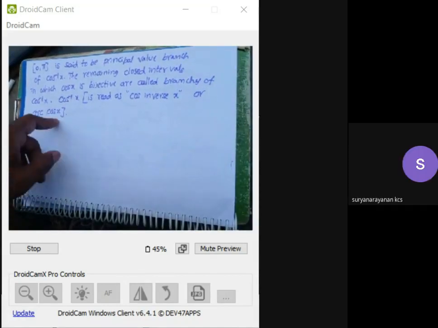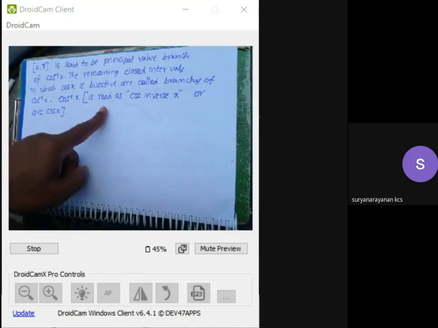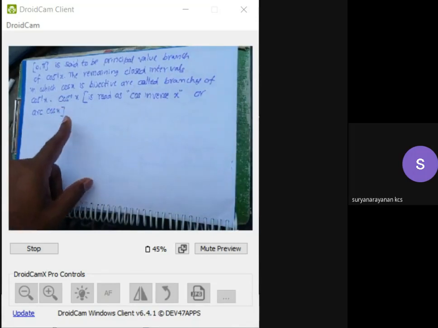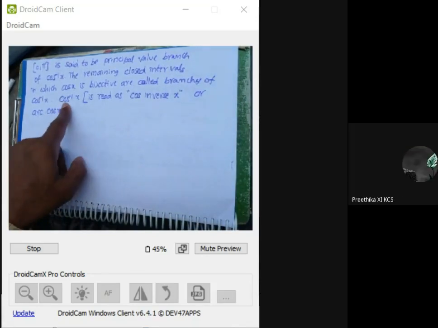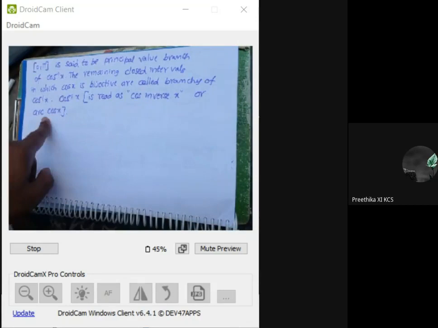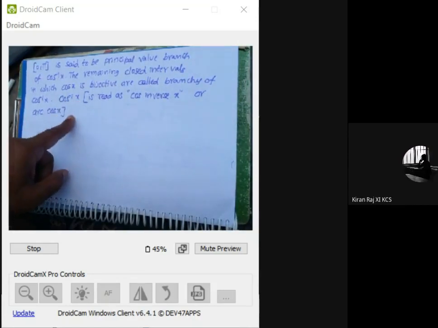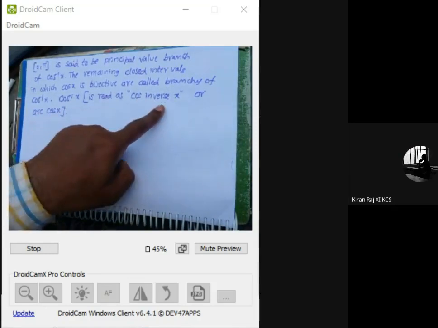Okay, thank you, Grayson. Pritika, read this sentence. It is read as cos inverse x or arc cos x. Very good, Pritika. Kiran Raj, read this sentence fast. It is read as cos inverse x or arc cos x.